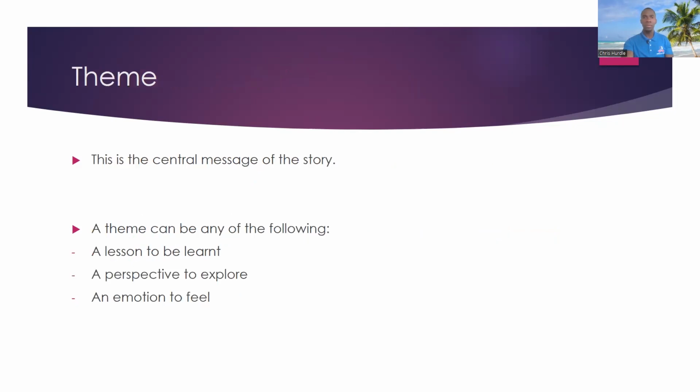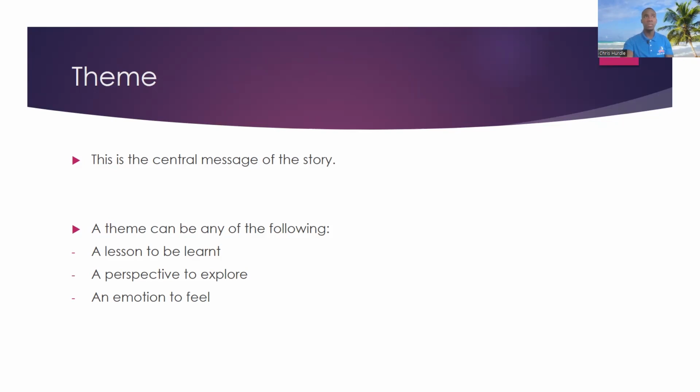Now the theme. The theme is going to be the central message of the story, right? And it can be any of the following. It could be a lesson to be learned, a perspective to explore, or an emotion to feel. The theme is going to be a little bit subjective because some people may differ on their views regarding the theme, right?